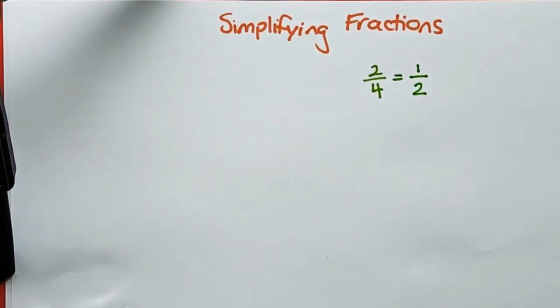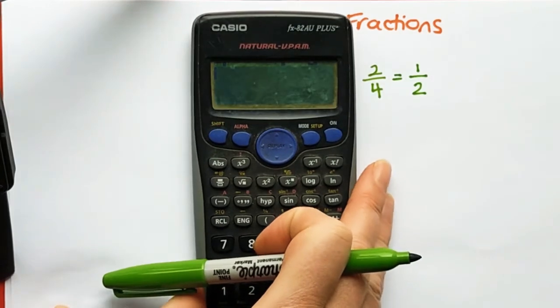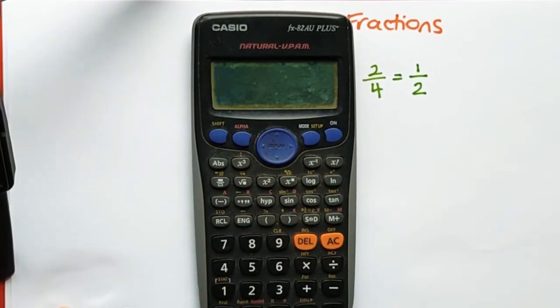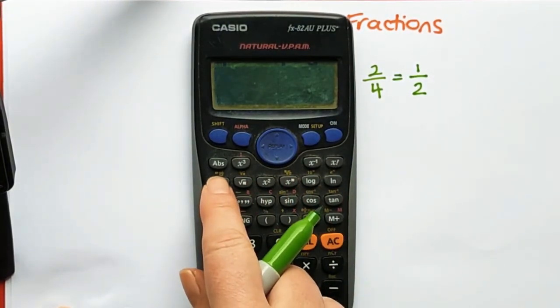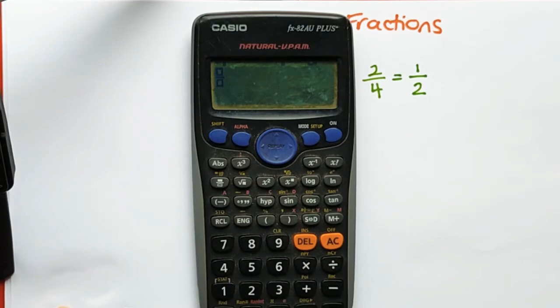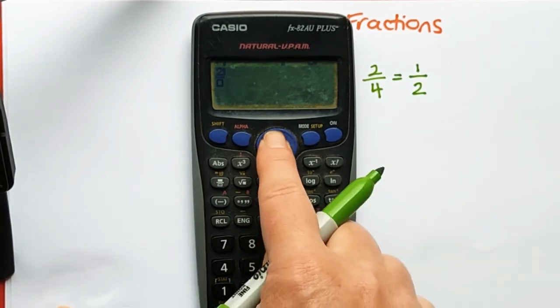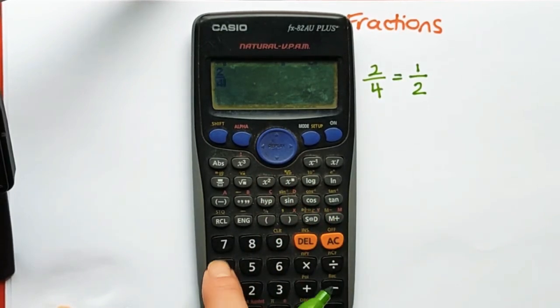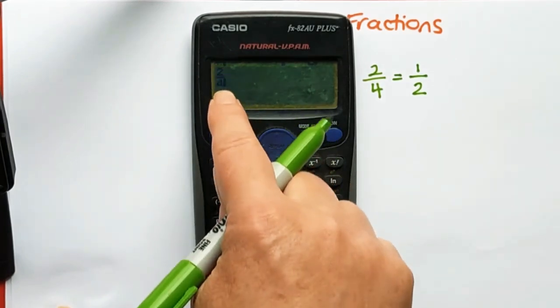Now let's have a look at a couple of different calculators. If you've got a Casio calculator, you might have a calculator like this. Its fraction key, if we turn it on, is over here, and it's this boxes key. And if I press it, I have to put a number in, use my arrow to come down the bottom to get 2/4.